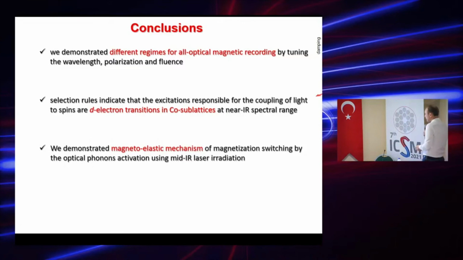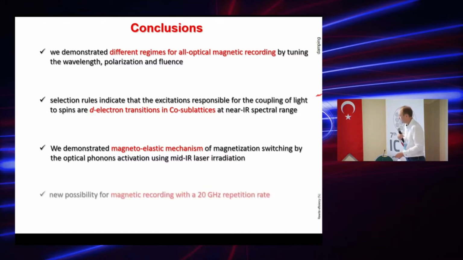And the second mechanism, excitation of magnetoelastic changes in magnetic anisotropy by excitation of optical phonons. This mechanism is more universal because phonon excitation exists in many materials in the solid state.